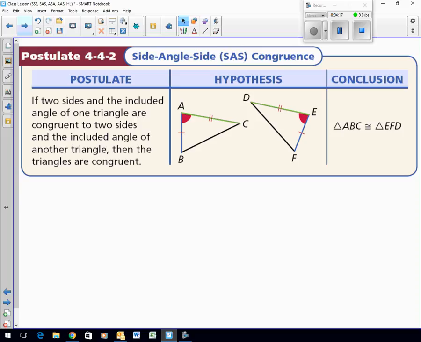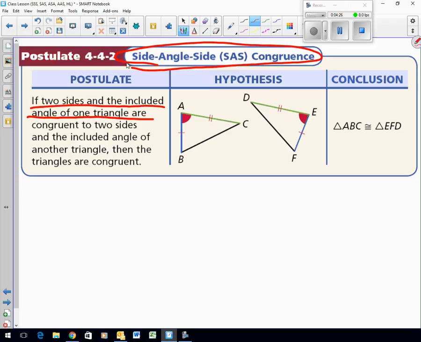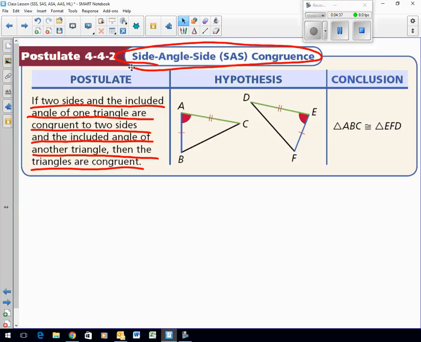This gets us to our next postulate, which we call the side angle side congruence postulate. If 2 sides and the included angle of one triangle are congruent to the 2 sides and the included angle of another triangle, then the triangles are congruent. Again, their example here: BA and CA are congruent to FE and DE.